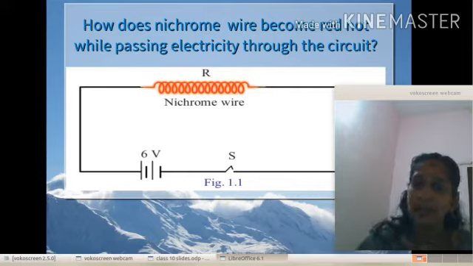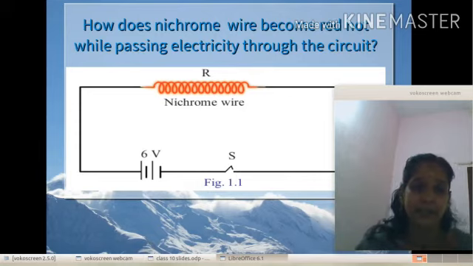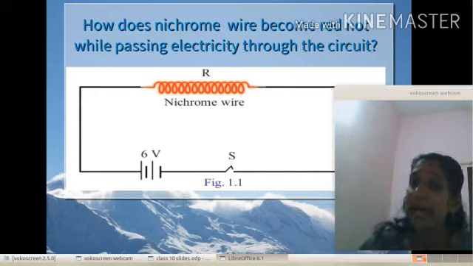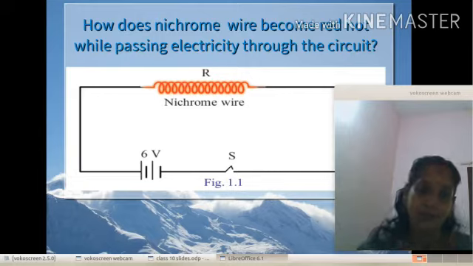While traveling through a rough road, we feel difficulty. If we are traveling through a tiled road or tarred road, we feel easy. Likewise, while flowing through this wire, current feels difficulty, current feels resistance. Due to that resistance, it becomes red hot.